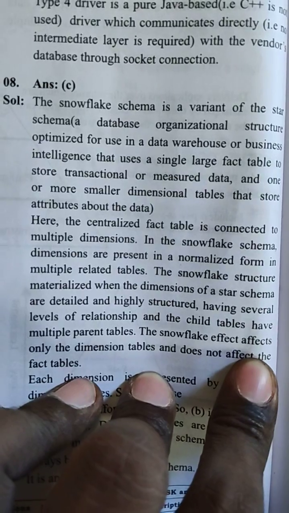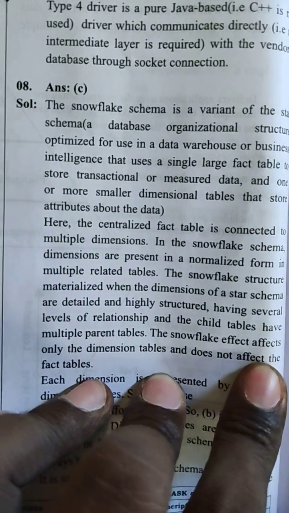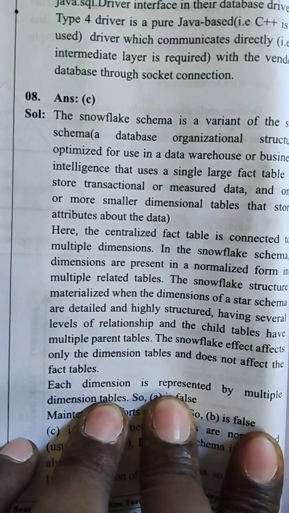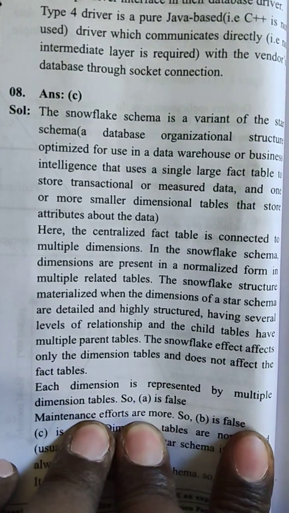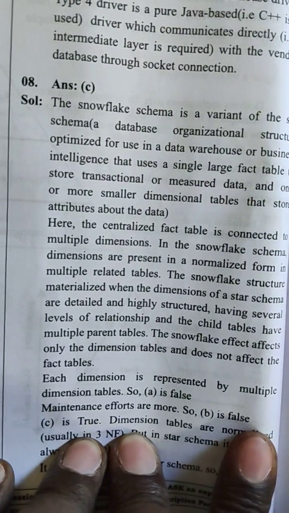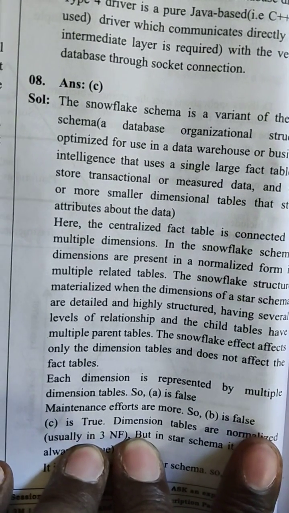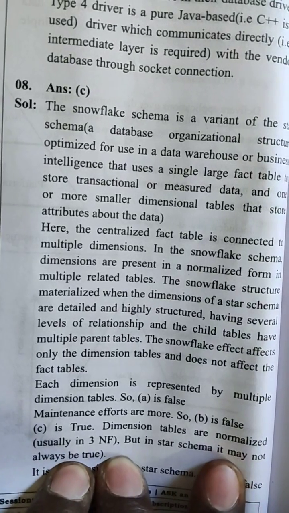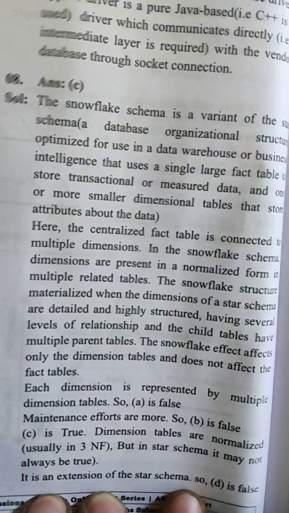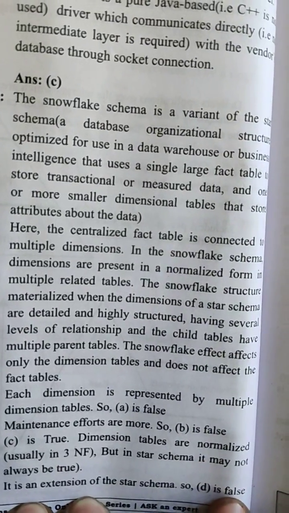Snowflaking affects only the dimension tables and does not affect the fact tables. Each dimension is represented by multiple dimensional tables, so that option is false. Maintenance efforts are more, so B is false. It is true that dimension tables are normalized, but in the star schema it may not always be true. The extension of the schema option is false.